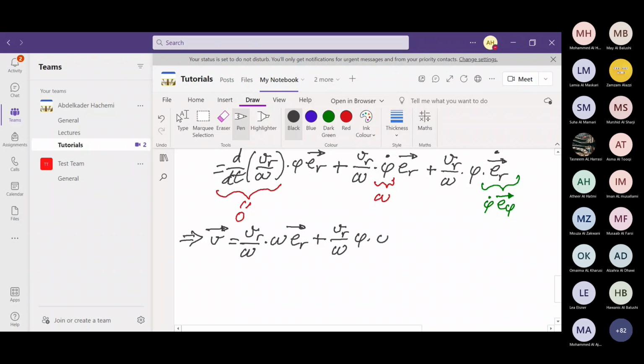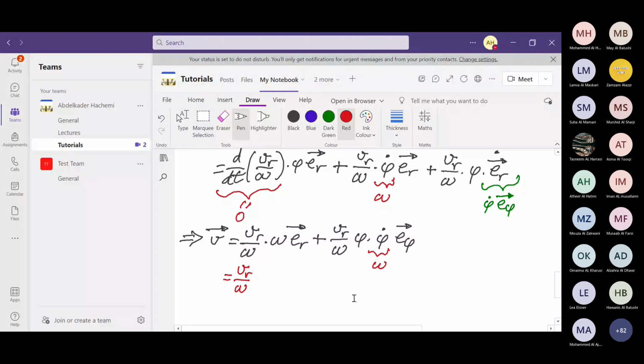Then we have here phi dot E phi, and this one is only omega. Then it means we can write this equal to VR divided by omega.